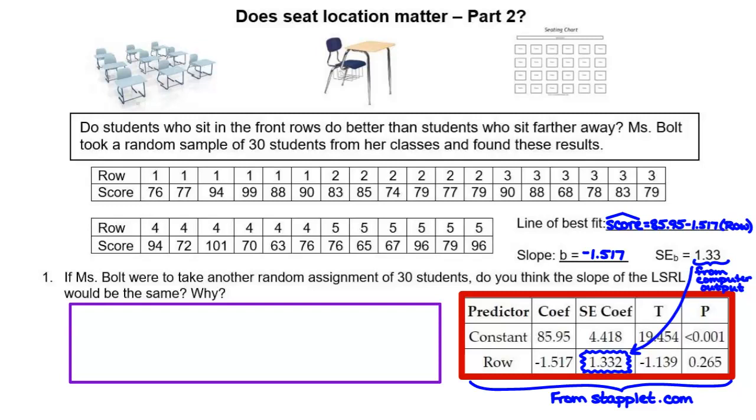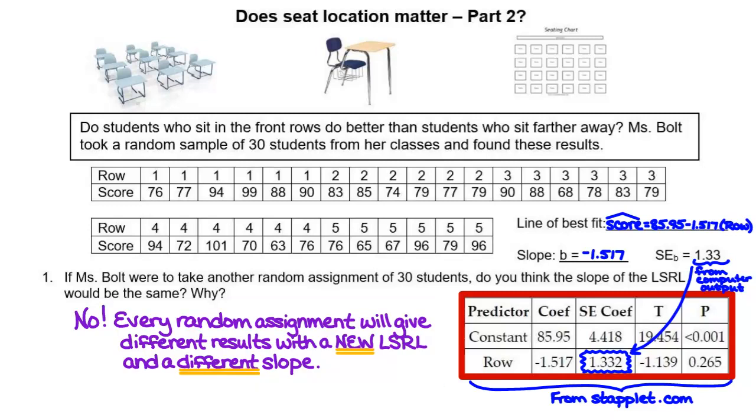Exactly the same? Not exactly the same. Possibly close. What about if I did it 3 times? Do you think any of those 3 would have the exact same slope? No. Every random assignment is going to give different results, with a new least squares regression line and a different slope.